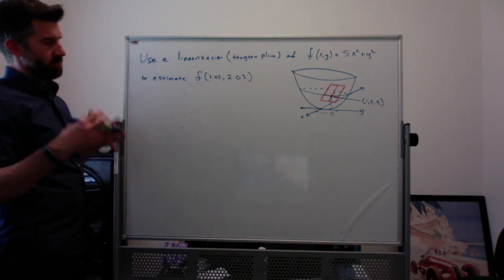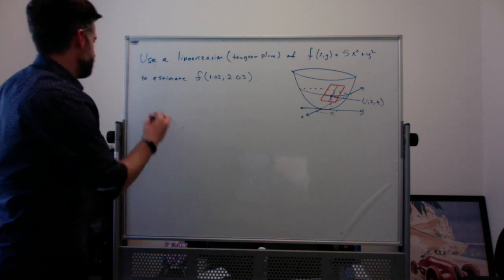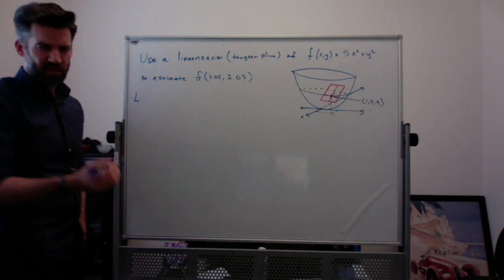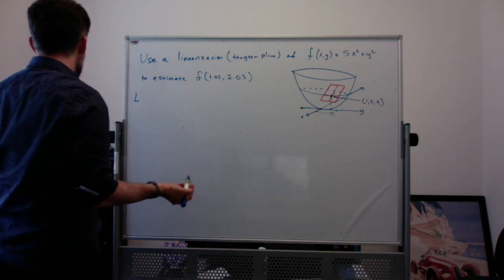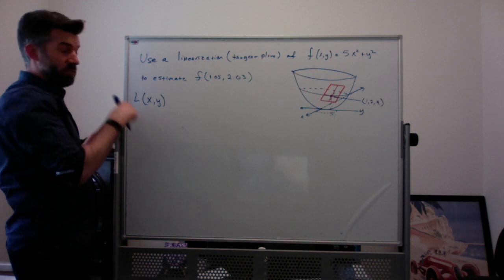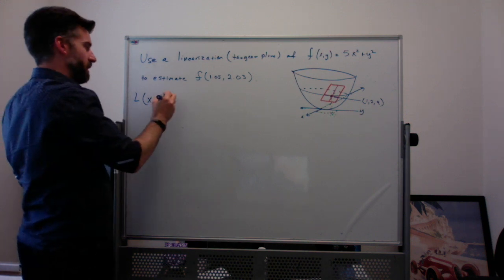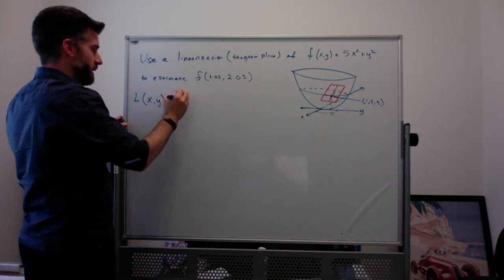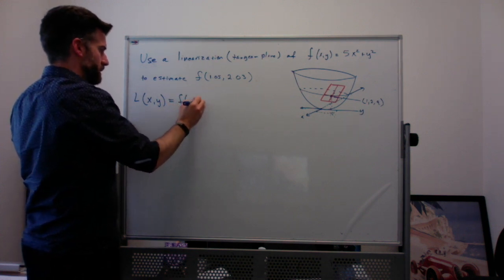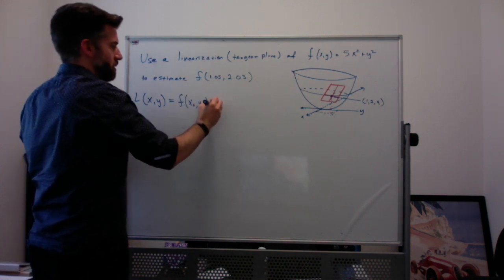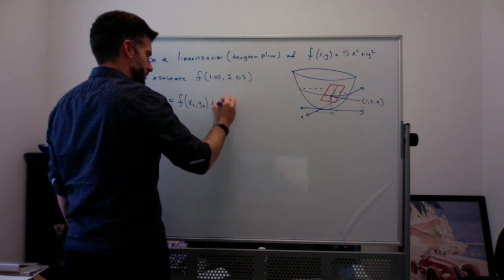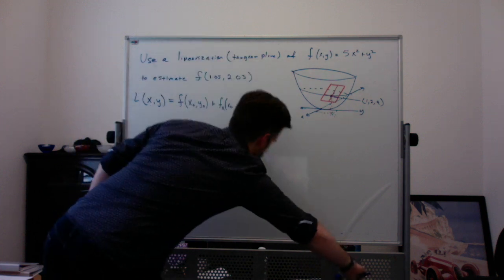Here's the short answer. So the linearization, now let's make sure I'm writing this the right way. Yeah, I think that's right. The linearization of x, y is actually very similar to the previous function. I'm going to run out of room, so I'm going to write this a little bit lower.